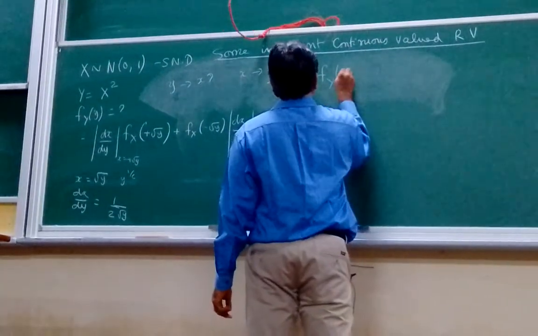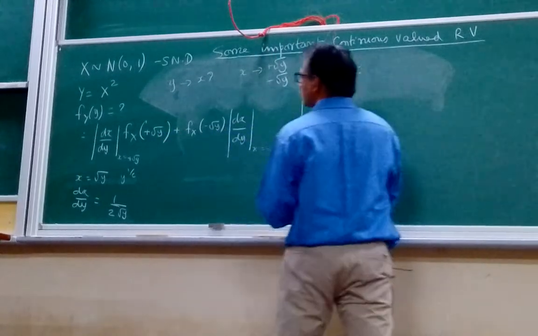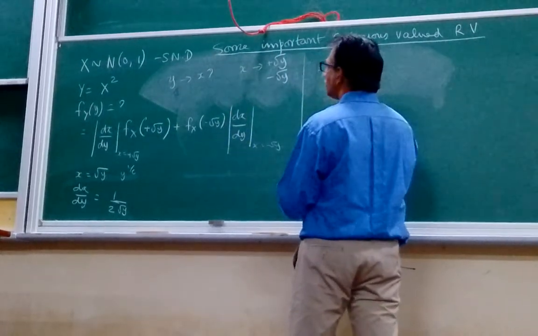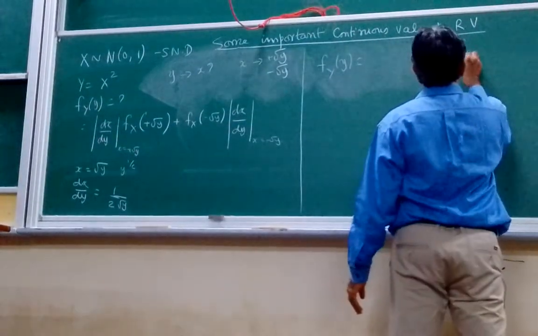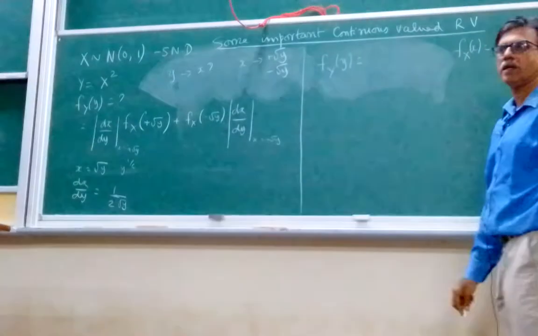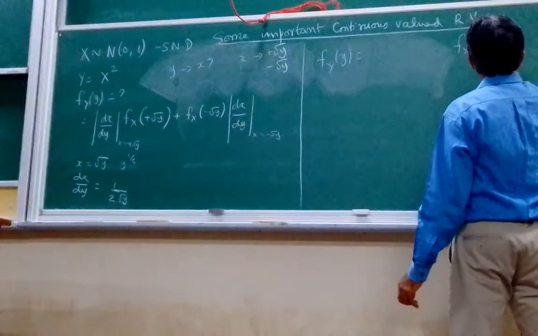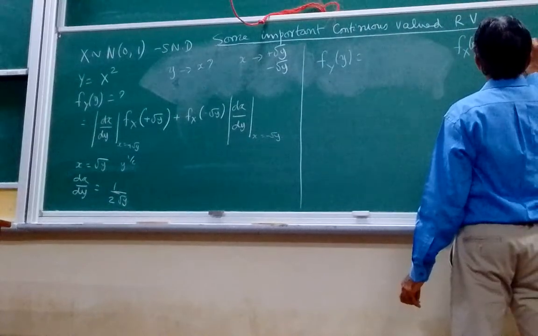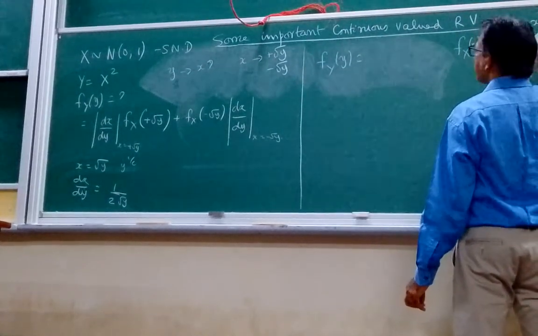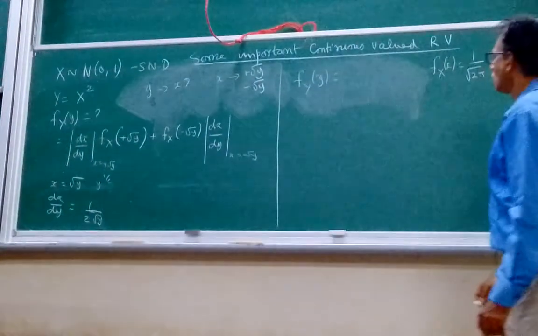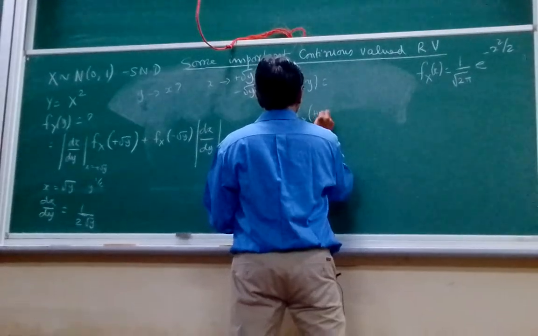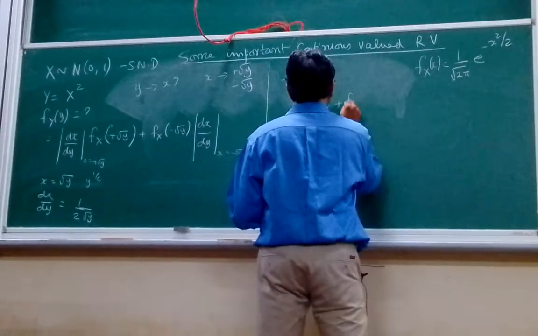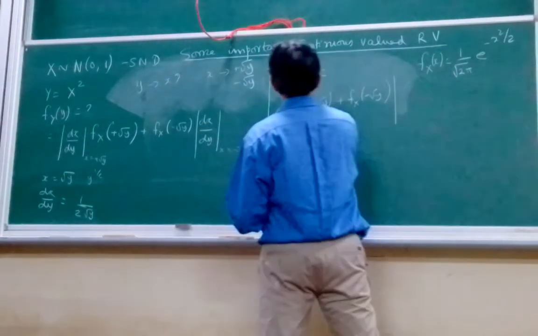So fY of y equals fX. First of all, X is standard normal, so we write down the corresponding density function of the standard normal, which is 1 over root of 2 pi into e power of minus x squared by 2. We have to find fX of plus root y. For both of them it is the same.